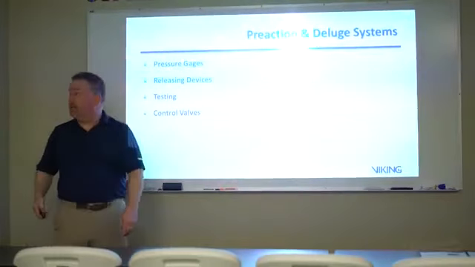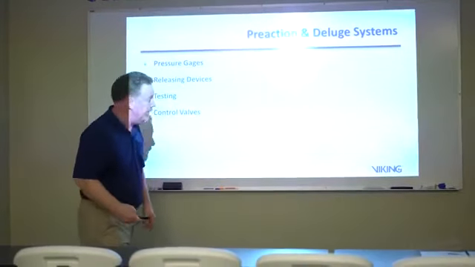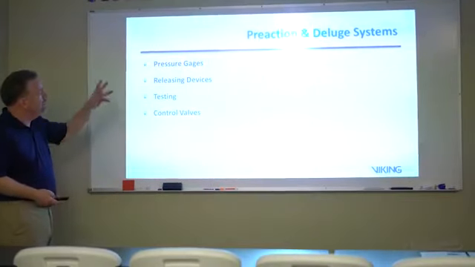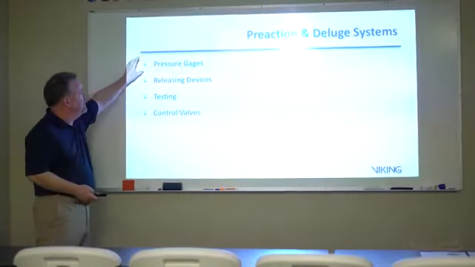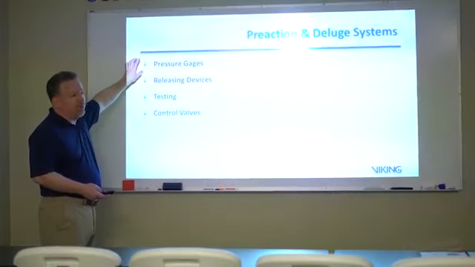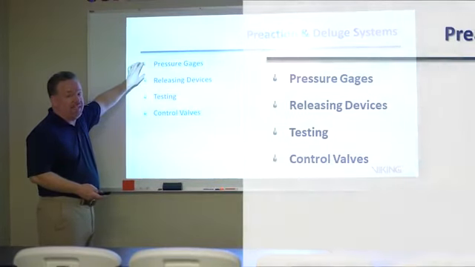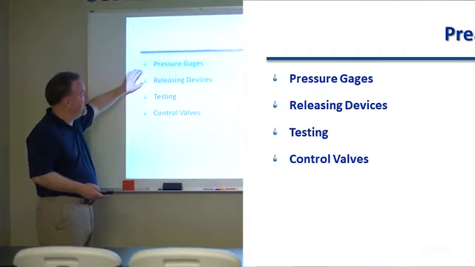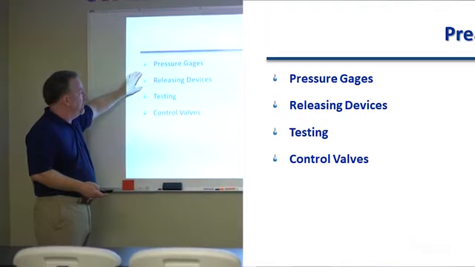So if we take a look at one of our diagrams around here, it shows that particular one as well. Pre-action and deluge systems, once again, both of these systems are automatically operated or mechanically operated. They have an interaction with the alarm system. That's the key here, the releasing devices.